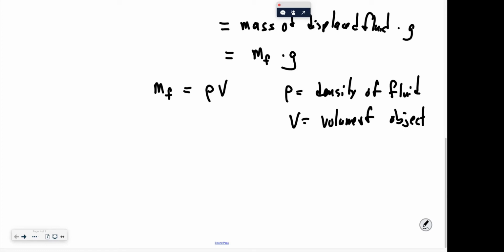So you'll usually do rho F for rho fluid and V O for volume of object. Okay, so you can put all this together and you get the buoyant force is equal to the density of the fluid times G times V. That should be a V. I just changed this in my notes.